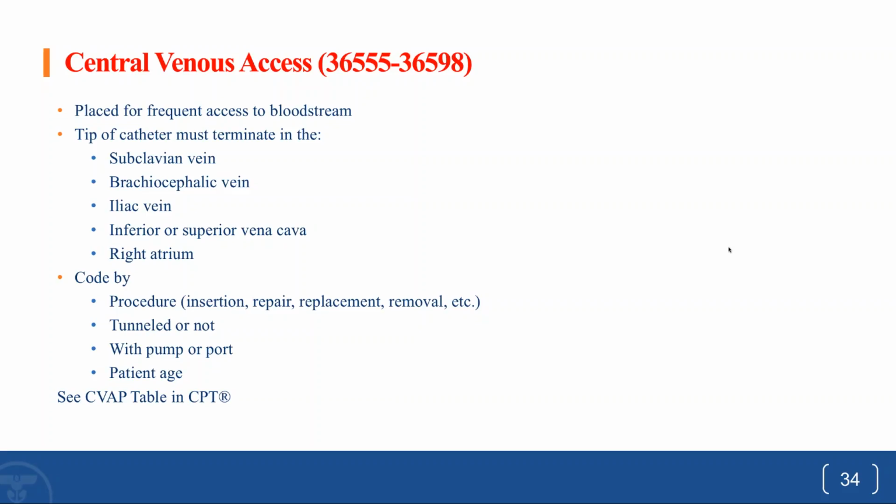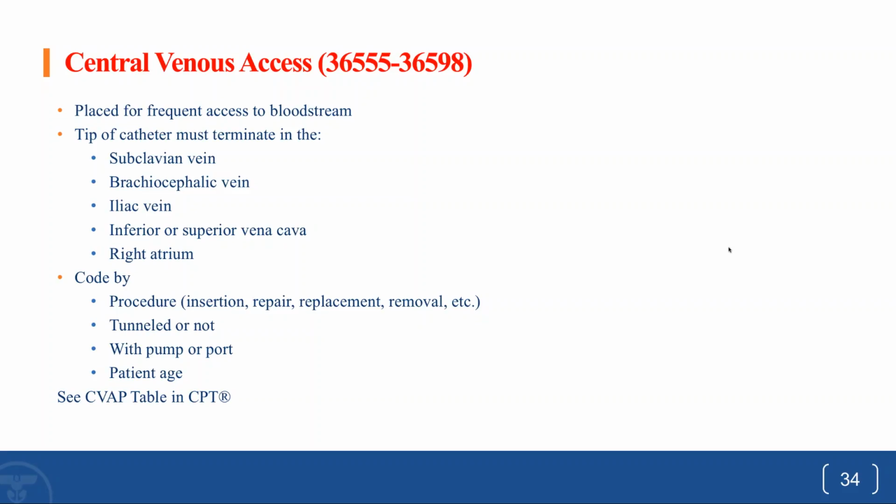Then you ask yourself, what is the action that's going to be performed? Do you see the black headings on this chart? The first one says insertion, then repair, then partial replacement, complete replacement, removal of obstructive material, and repositioning of the catheter.